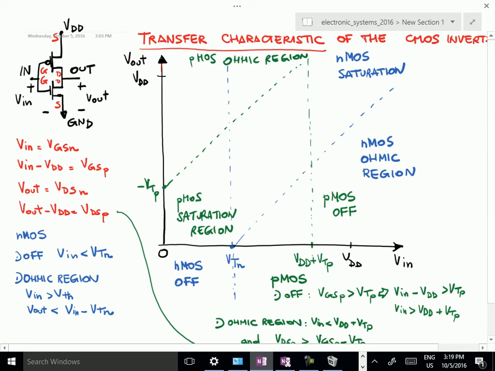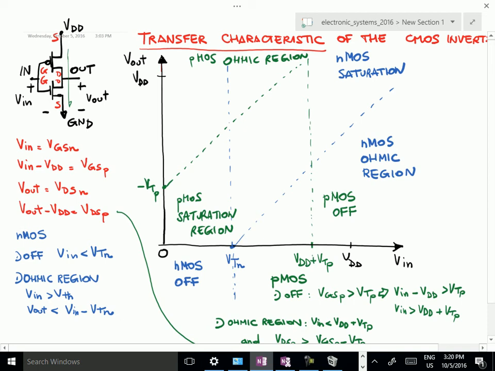I know for any point the expression of the current for the NMOS and the current for the PMOS. I also know that the current through the NMOS must be equal to the current through the PMOS, because the current is going along this direction. I can equate the two, and from the knowledge of Vin, I am always able to compute Vout.